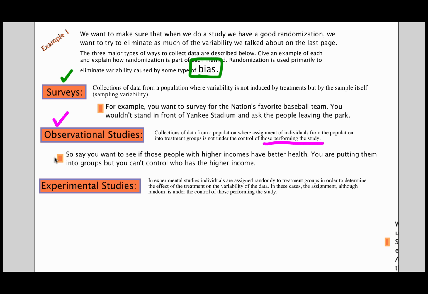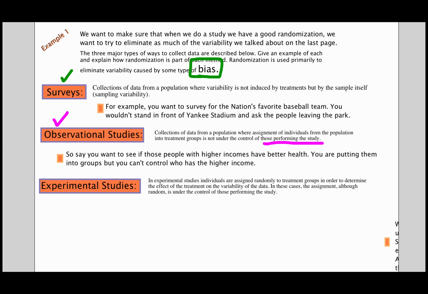You're putting them into groups. But I can't affect people who have a higher income. I can't say, oh, look, here's $50,000 I'm not using. Let's see how your health fares now. I have no control over who makes that money. I can only observe. I can only go to people, observe, wow, you're really wealthy. Let me see what your health is like.